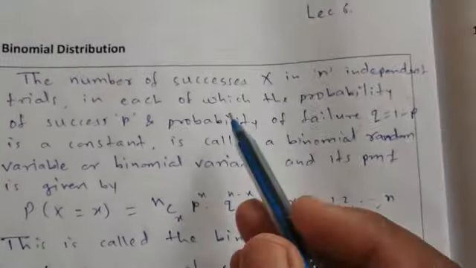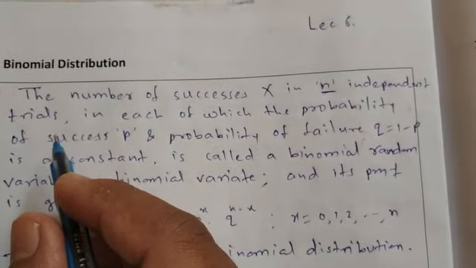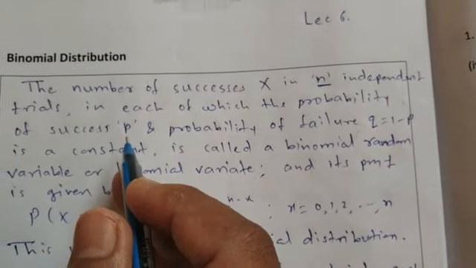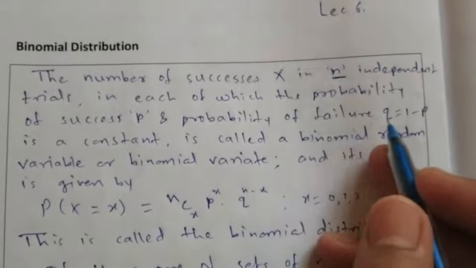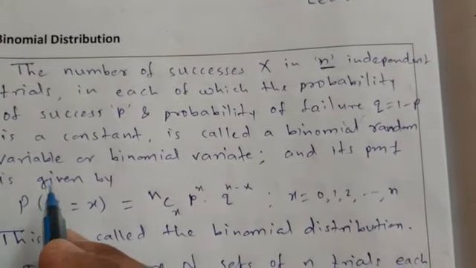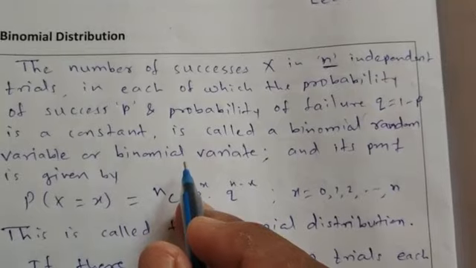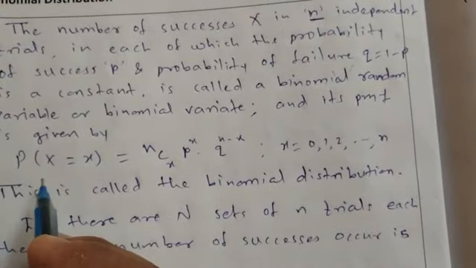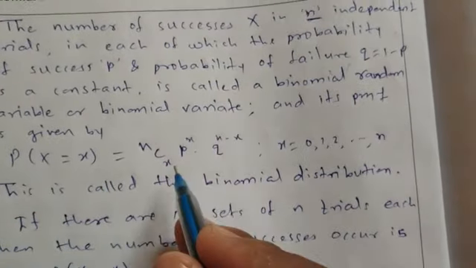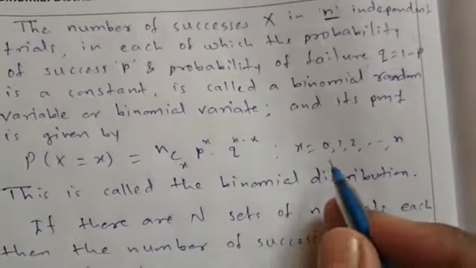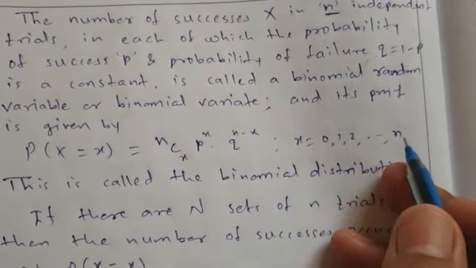The number of successes X in n independent trials, in each of which the probability of success P and probability of failure Q, which is 1 minus P, is a constant, is called a binomial random variable or binomial variate, and its probability mass function is given by probability at X equal to x is nCx p to the power x into q to the power n minus x, where x runs from 0, 1, 2 up to n.